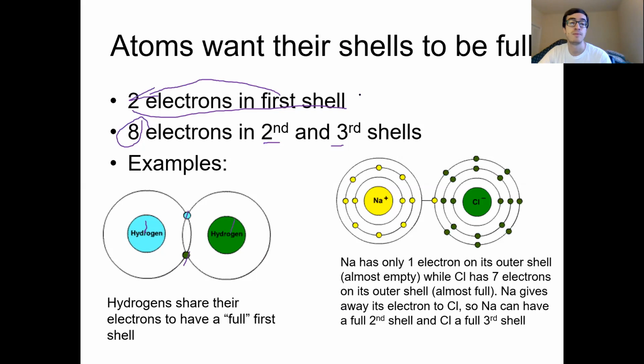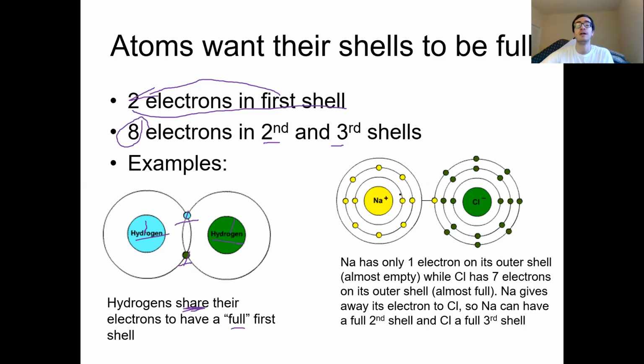So in order for hydrogen to get 2 electrons in that first shell, normally hydrogen atoms will share their electrons with each other so that they can have that full first shell. And so by this hydrogen sharing its 1 electron and this hydrogen sharing its 1 electron, they can have this full set of 2 electrons shared between the hydrogen atoms.